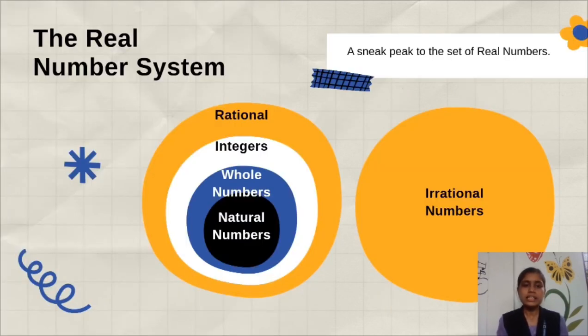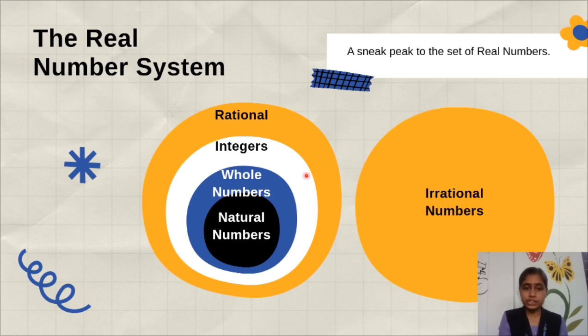Now, let us look at the diagrammatic representation of real numbers. We first learn about the natural numbers. If we add the digit 0 to the natural numbers, we get the whole numbers. Then the whole numbers along with the negative numbers form integers.